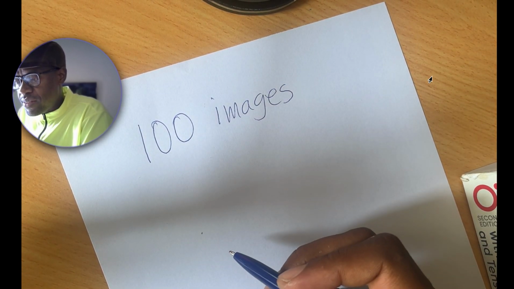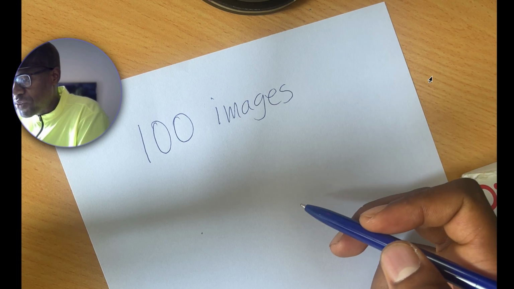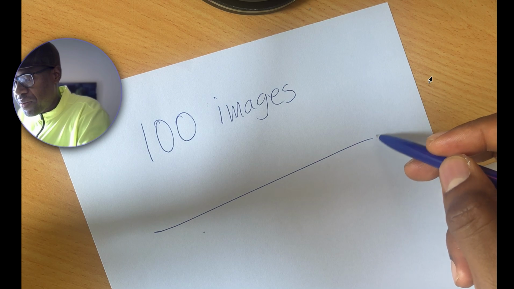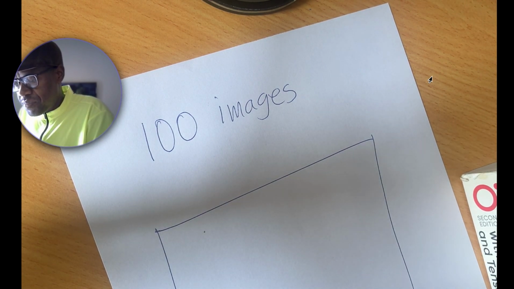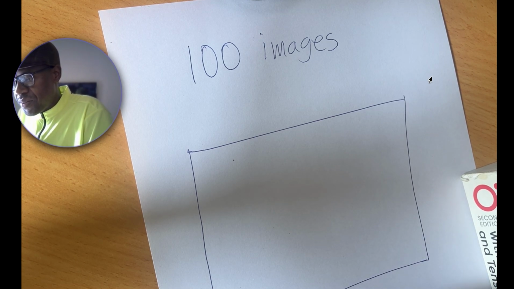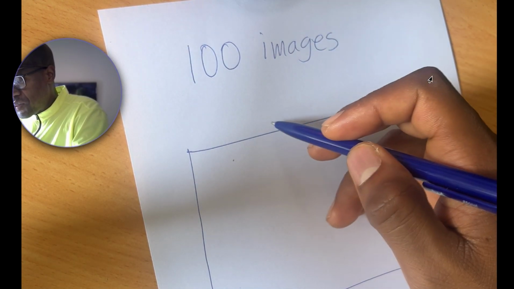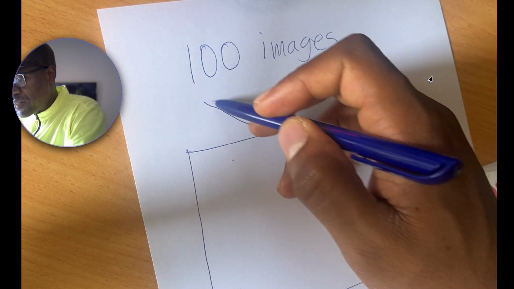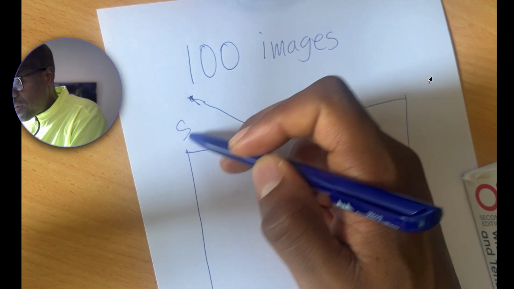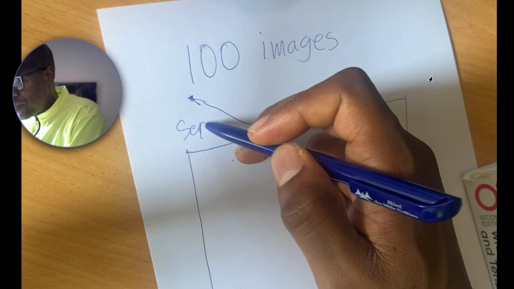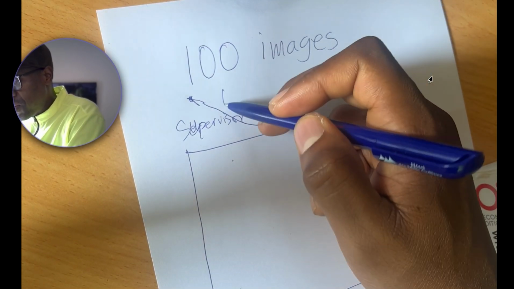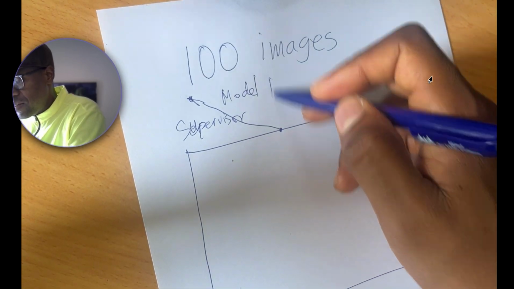The best way is to start with a confusion matrix. Here is the confusion matrix. As we saw, the confusion matrix has 2 major parts: what a supervisor sees, and what a model sees.